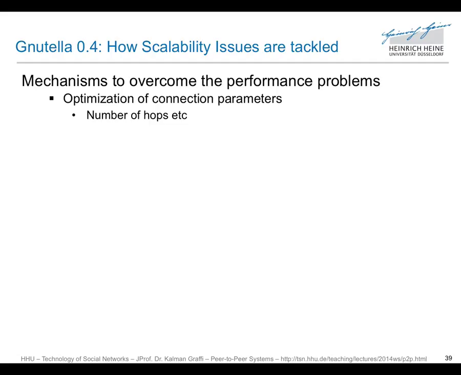So what could be done to overcome these issues? Besides calculating how big the issue really is, how many messages are really sent, which is part of the exercise, what can be done to reduce this problem? One option is to have another number of hops, so a different time to live. Do you have other ideas what we could do? If we have this kind of fully decentralized network, what can we do? Just ask your neighbor what they do.